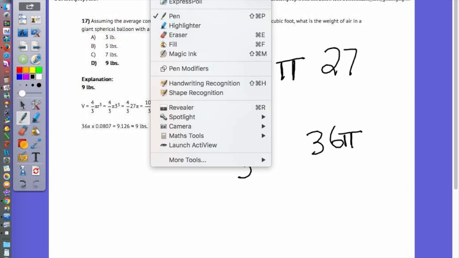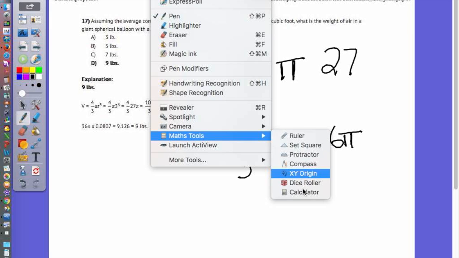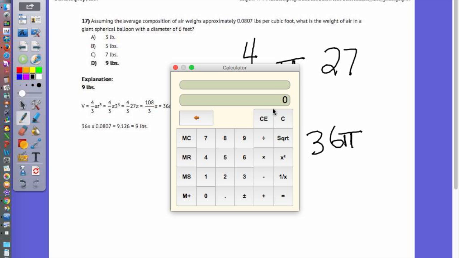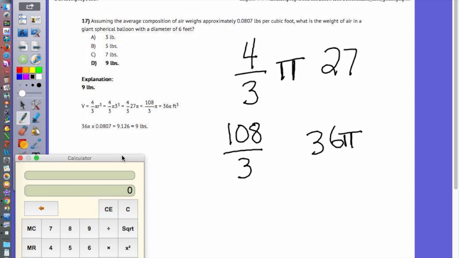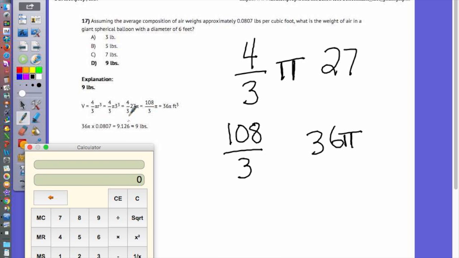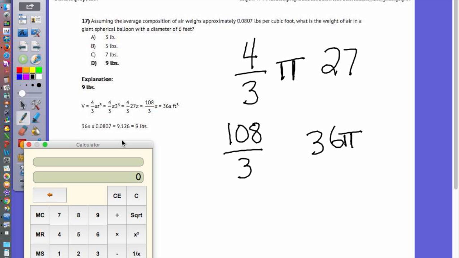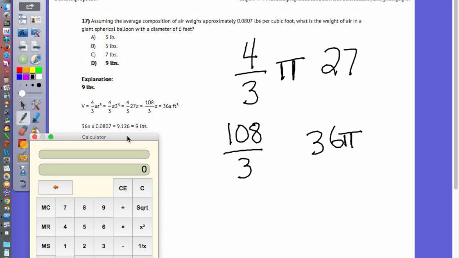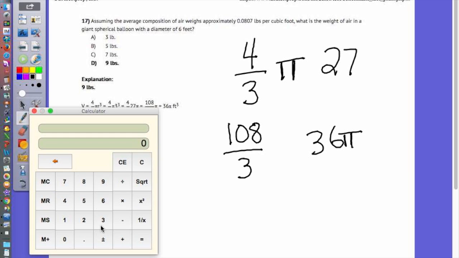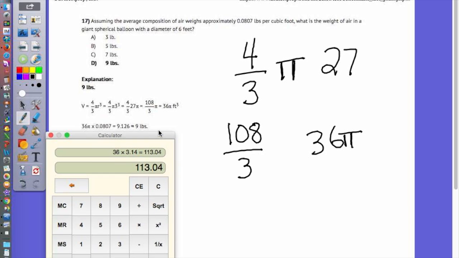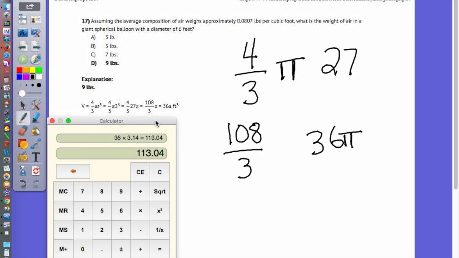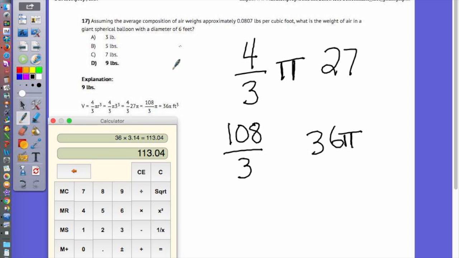Now, I'm going to get a calculator so you can see what I'm doing here. They want to know the weight of the volume in pounds. So 36 times 3.14 means there are approximately 113.04 cubic feet of air in this balloon.